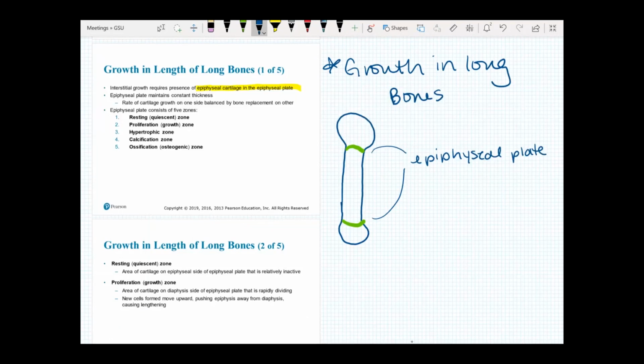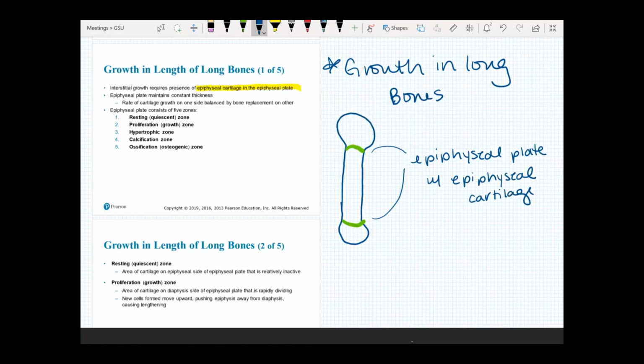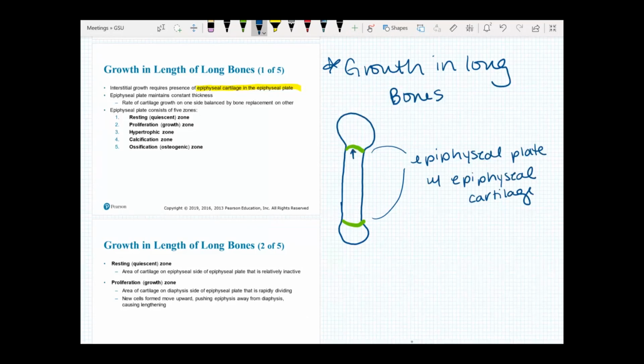And what will happen is there is epiphyseal cartilage at the epiphyseal plate. Essentially the green line I drew is the cartilage. What it's going to do is this cartilage, or this plate, will maintain its constant thickness, but you will develop and grow the bone and push this up.